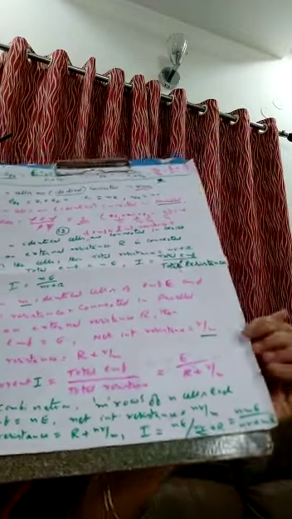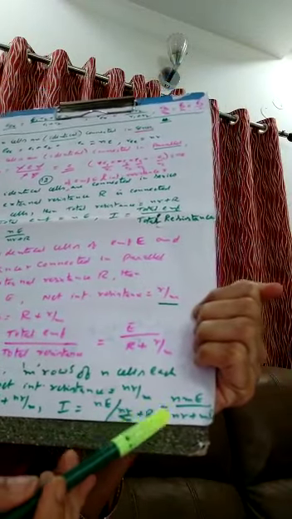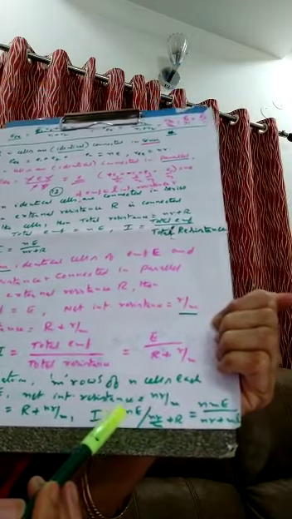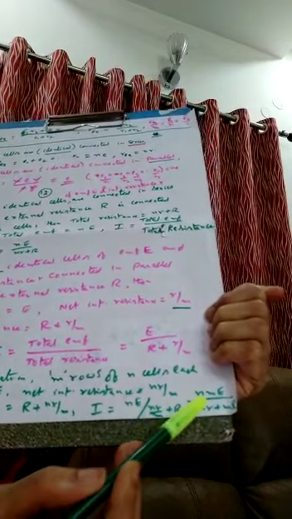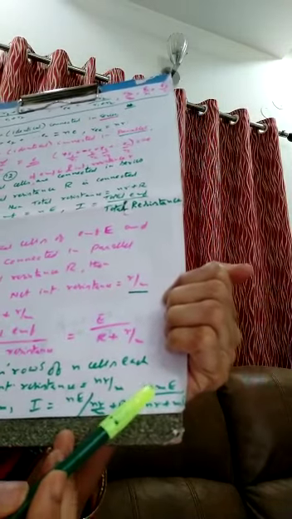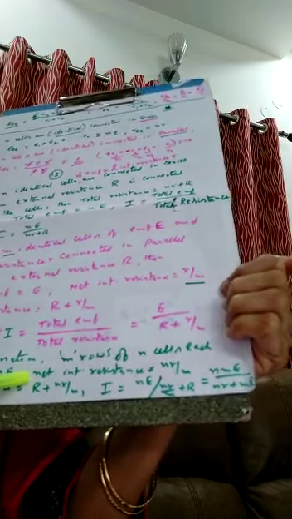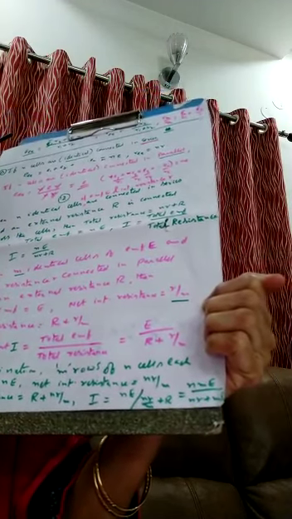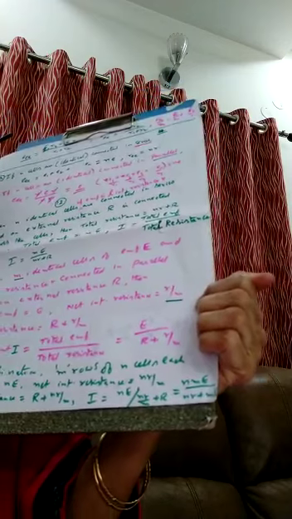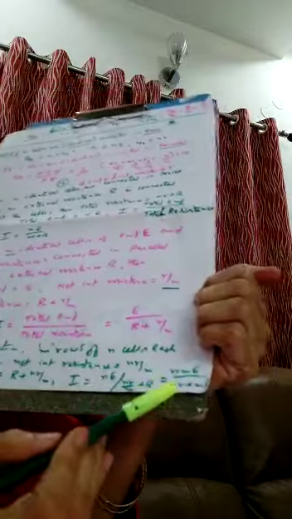So I is equal to total EMF upon total resistance, nE upon R plus nr by m. Take LCM, so we get the answer mnE upon nr plus mR. Draw the diagram for this, it is a task for you. Take n cells in each row, with m rows, and connect an external resistance capital R, then you will get this expression. This is a task for you and you have to do it, children.